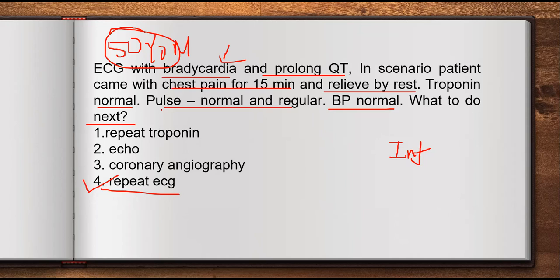In Australia, we do these sort of things very commonly. This will be done by the cardiac specialist, and every patient will be sorted out. So be very careful with chest pain questions.